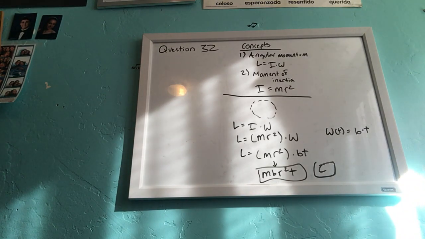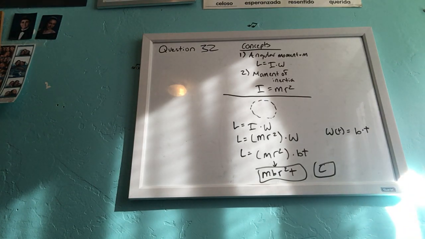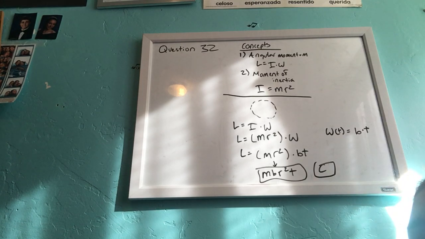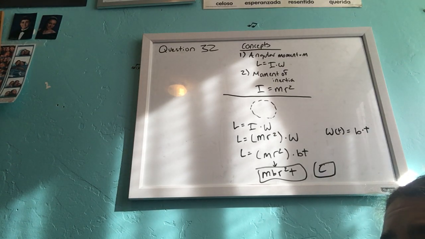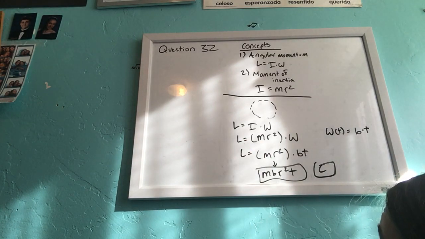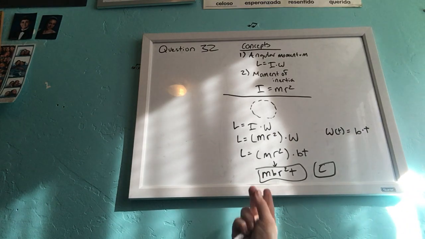It uses important principles of moment of inertia, also angular momentum, and specifically angular momentum when an object is just rotating around its axis, which is what's happening here. And we can just plug in what we have, and that will get us to the correct answer, which is C.